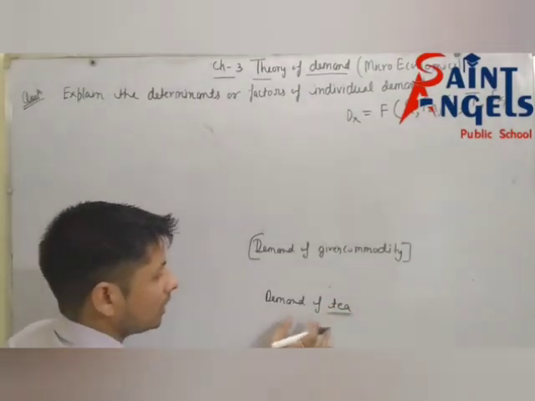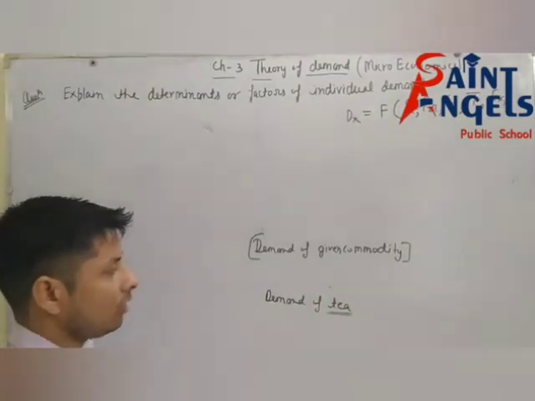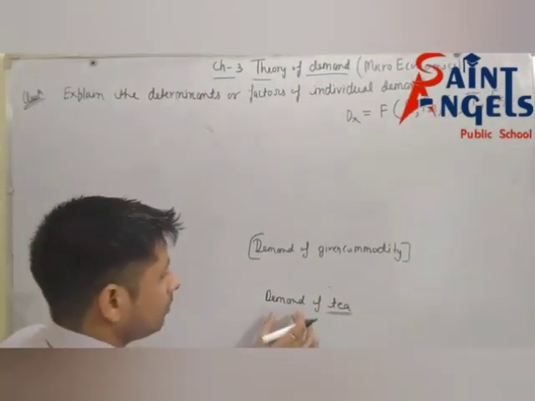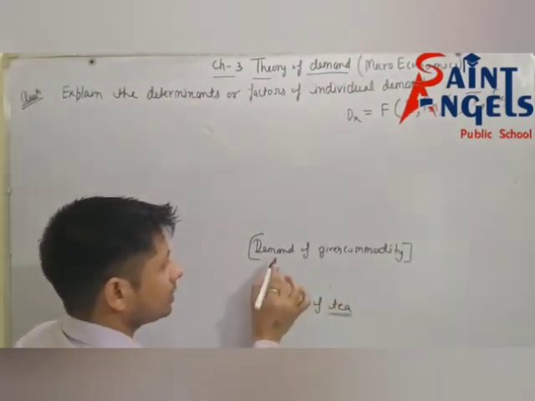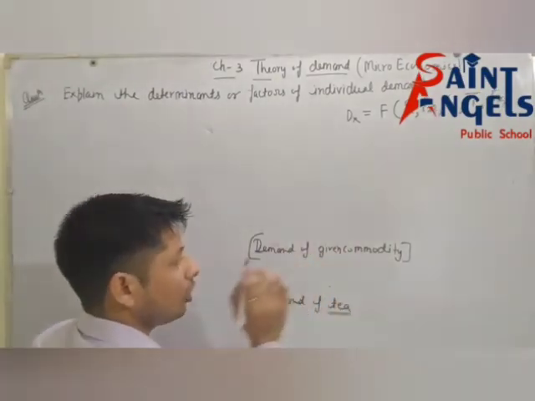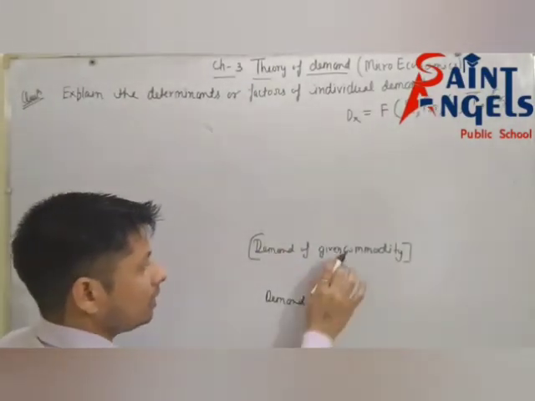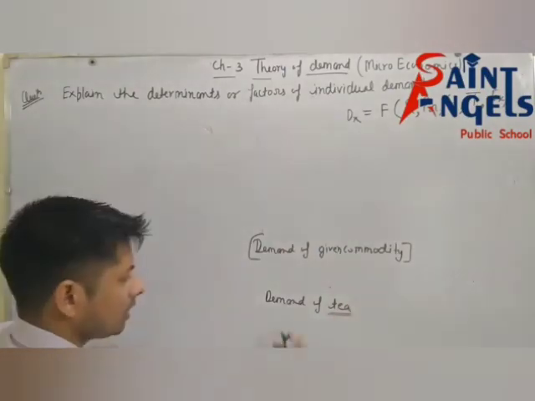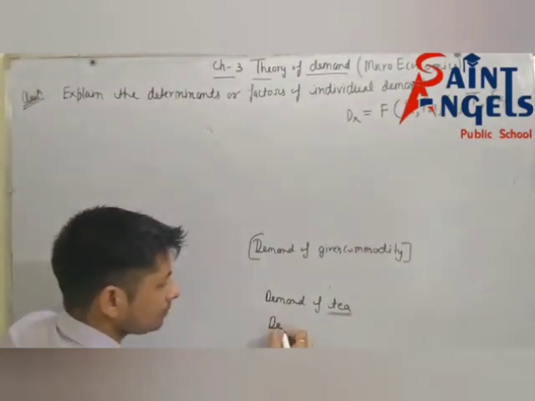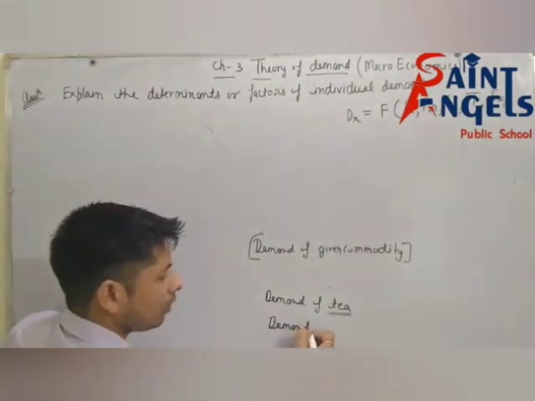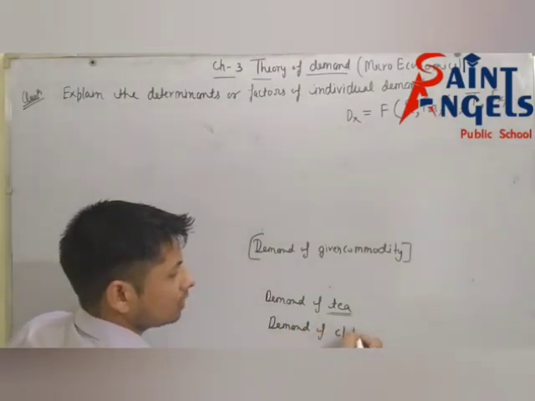Suppose I am saying demand of tea. Demand of tea is also known as demand of given commodity. Suppose I am saying demand of clothes.